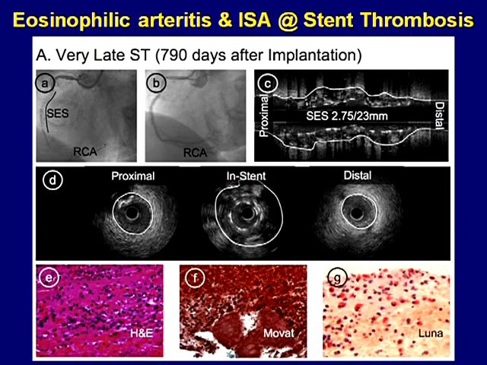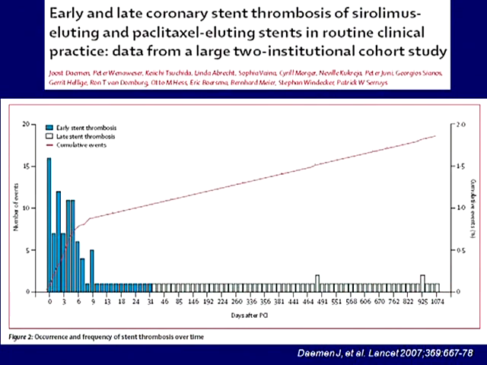It is delayed hypersensitivity to one of the components of the stent polymer drug combination. This hypersensitivity causes a necrotizing arteritis, necrosis of the wall, such that the late malapposition occurs. It's a very rare phenomenon, and it is these pockets that are responsible for the late stent thrombosis.